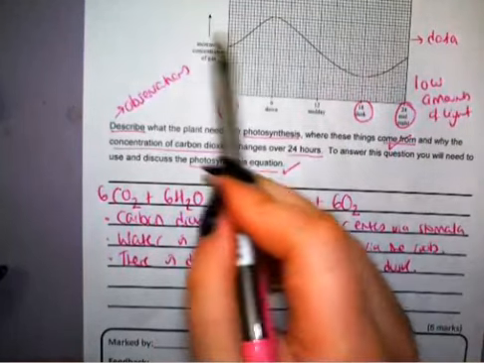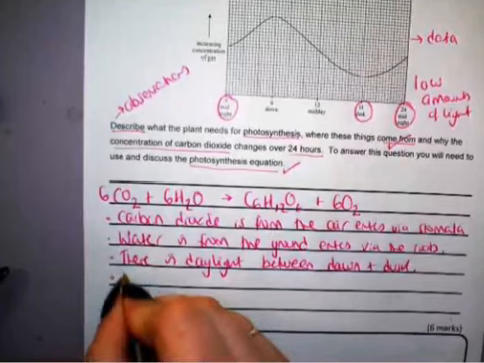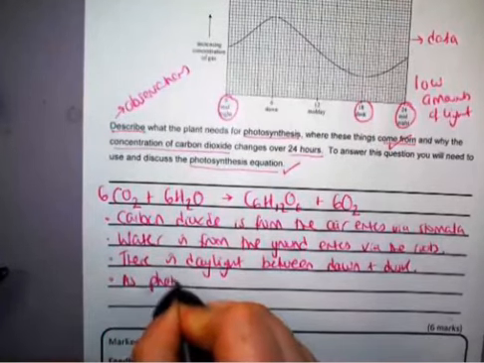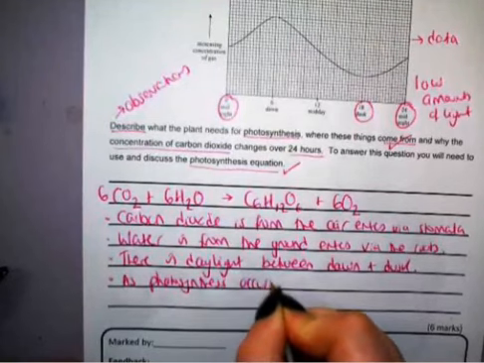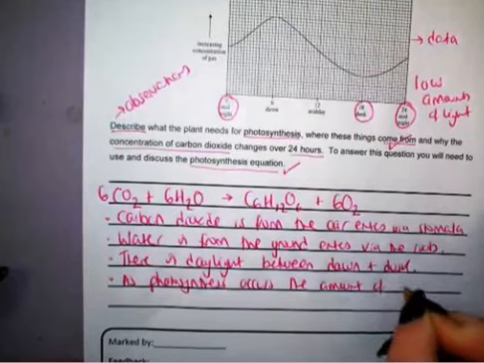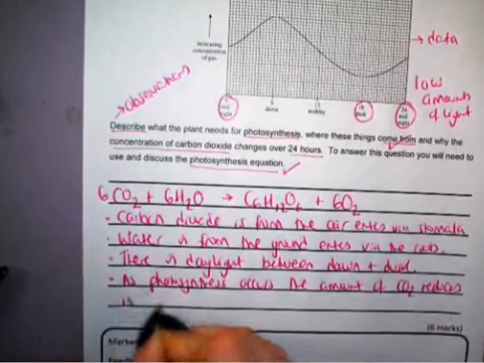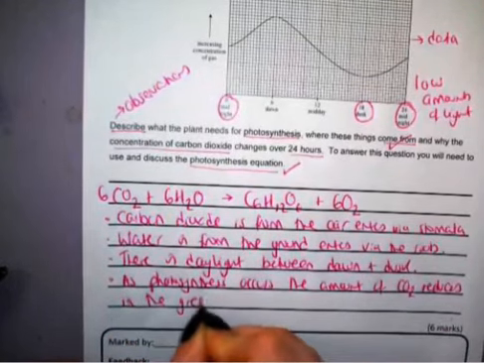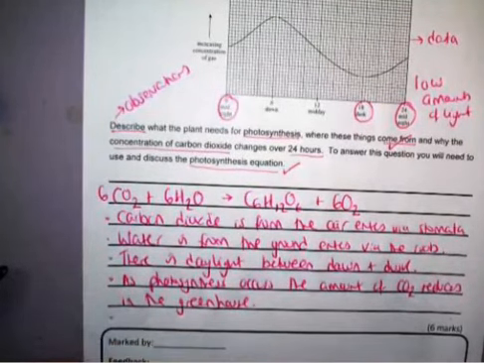I'm now going to talk about the actual concentration of carbon dioxide. As photosynthesis occurs, the amount of CO2 reduces in the greenhouse. And then I will talk about when the light is reduced.